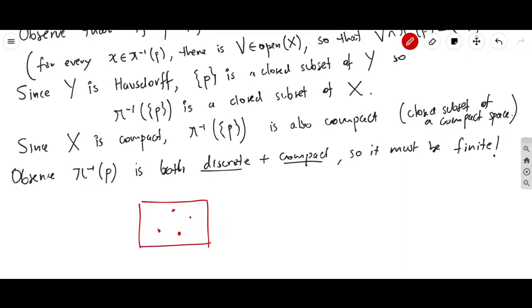And so if you have an infinite amount of points, they have to accumulate somewhere. So it cannot be discrete. That's the idea. This is what you call the Bolzano-Weierstrass theorem, because if you have an infinite number of points, you have a sequence of points, and that sequence has a subsequence that will have a limit somewhere, and whatever limiting point that is, it would violate the fact that it's discrete. Everything will sort of accumulate around the point, but it's not supposed to because it's discrete. So that's basically the idea.